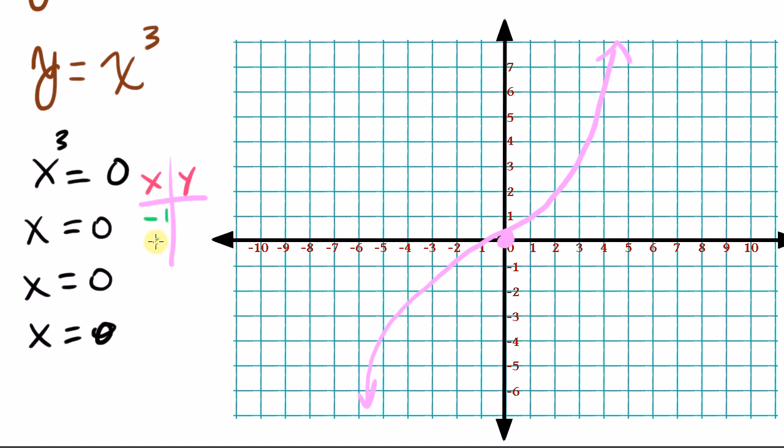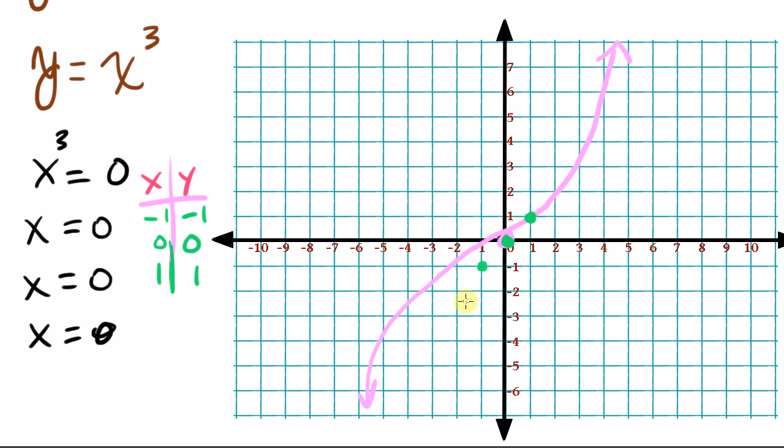-1, 0, and 1. So at -1 it's going to be -1, and at 0 it's going to be 0, and at 1 it's going to be +1. So at 1 it's +1, at 0 it's 0, and at -1, I'm sorry, it's -1.